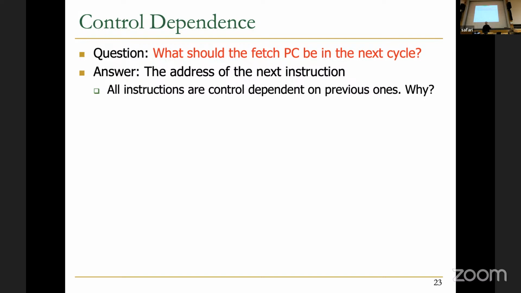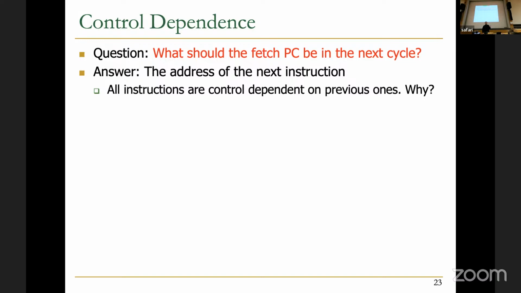But when it is taken, you need to calculate the next instruction address using relative addressing, right? Because in BEQ and BNE, the next instruction address is calculated from the current PC and some offset, which is relative addressing. And for jump instructions, you know that it is an unconditional jump. You are going to take that branch for sure.